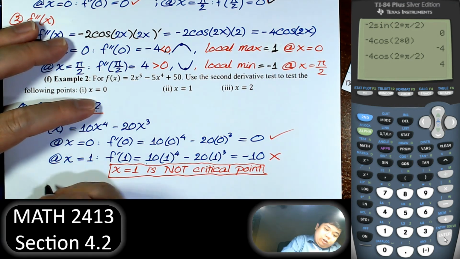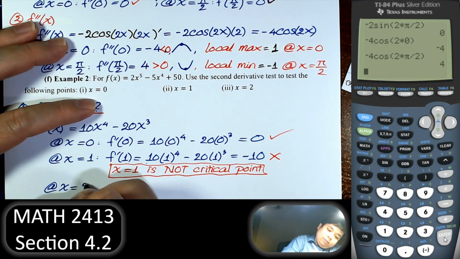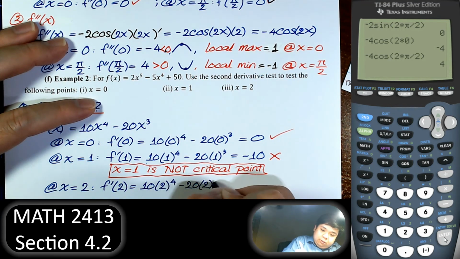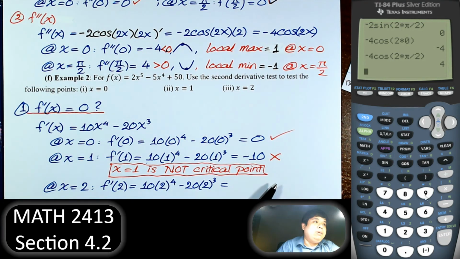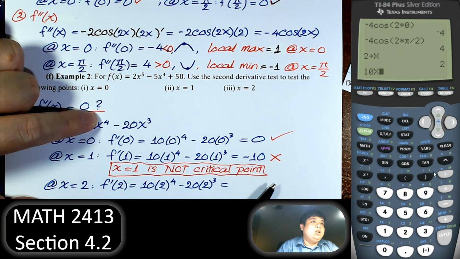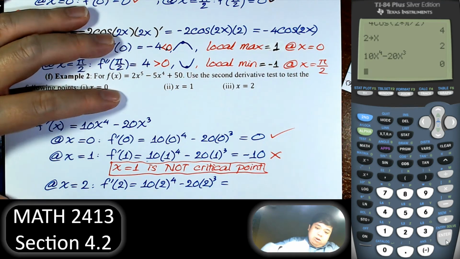And then when x equals 2, the derivative is 10x to the 4th minus 20x cubed, which is 0.